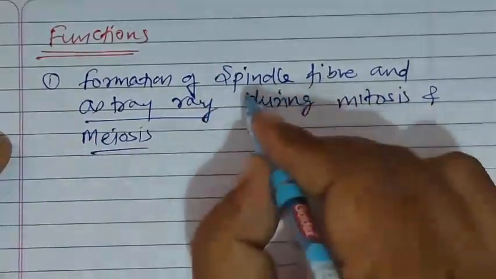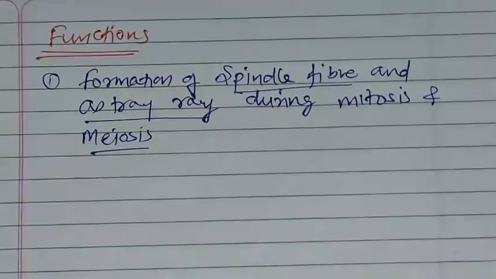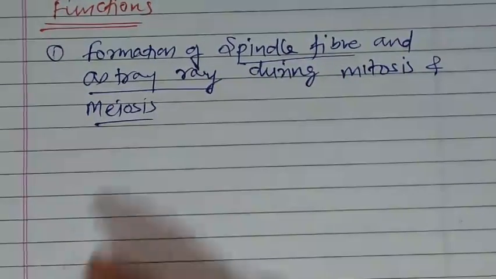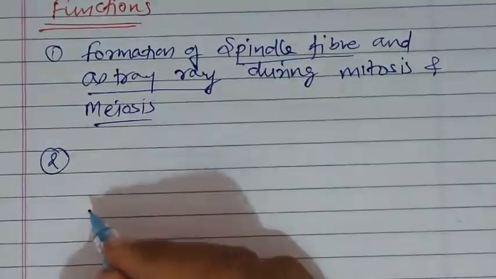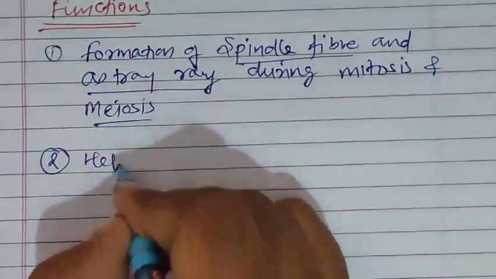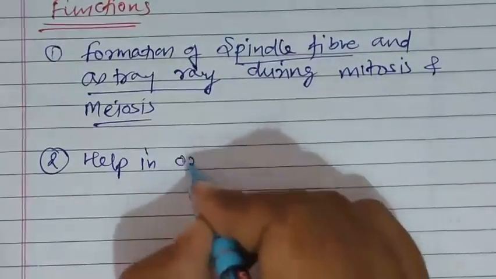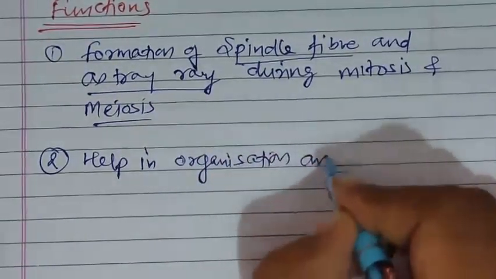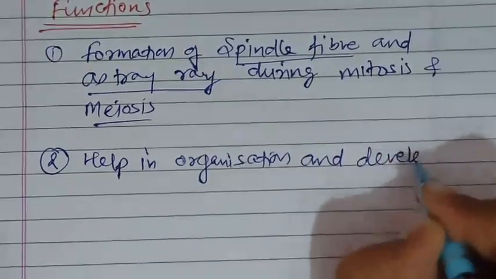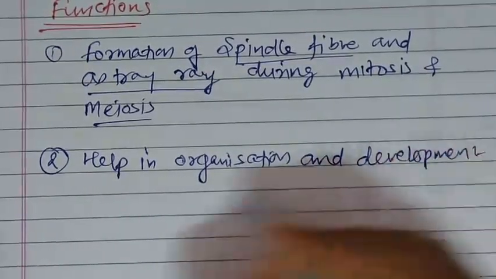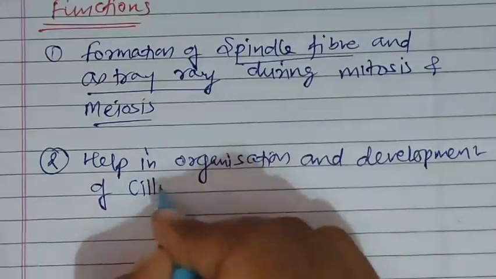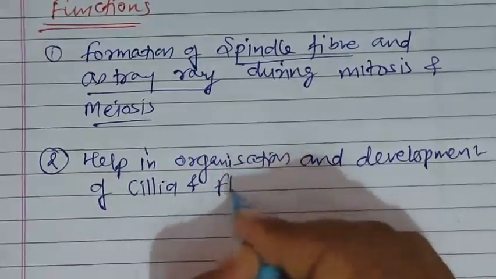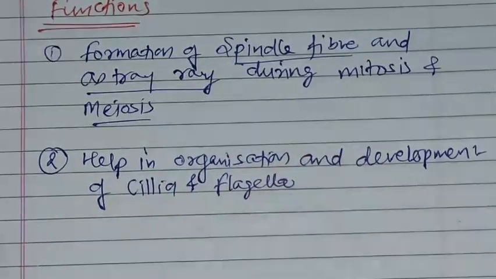So astral ray formation and spindle fiber formation is carried out by this centriole. Second function, it helps in organization and development of cilia and flagella.